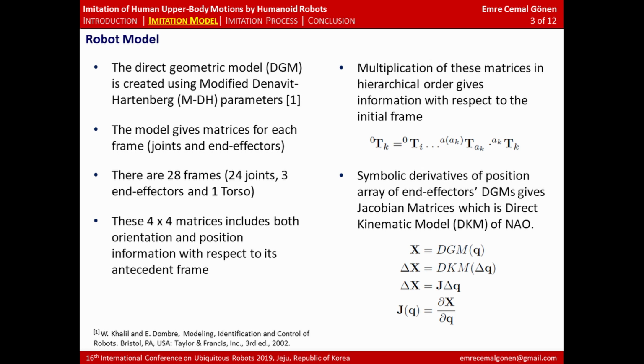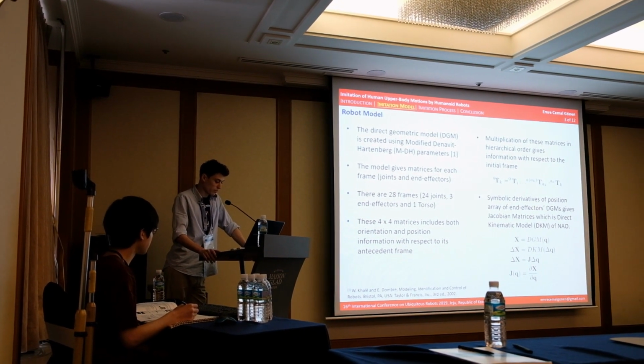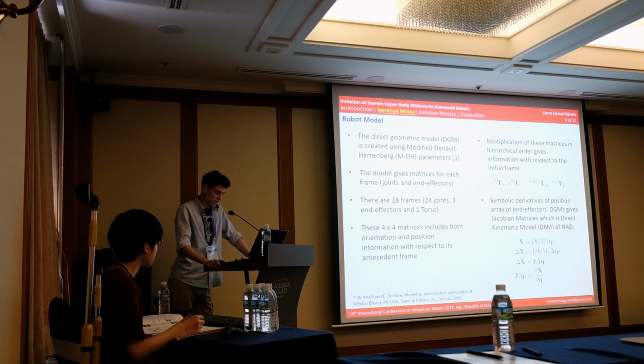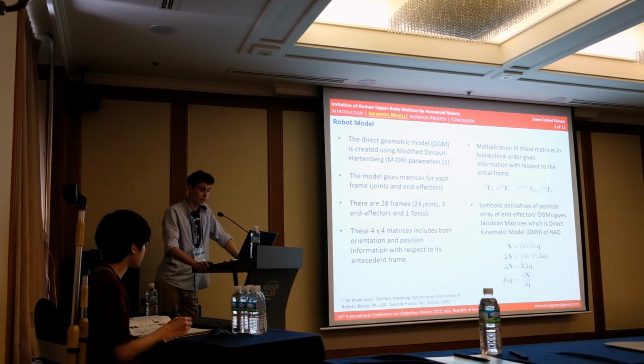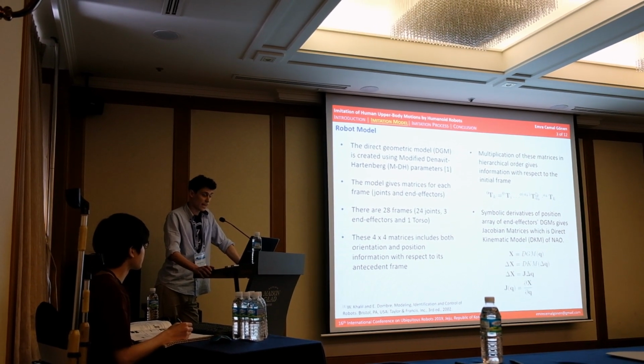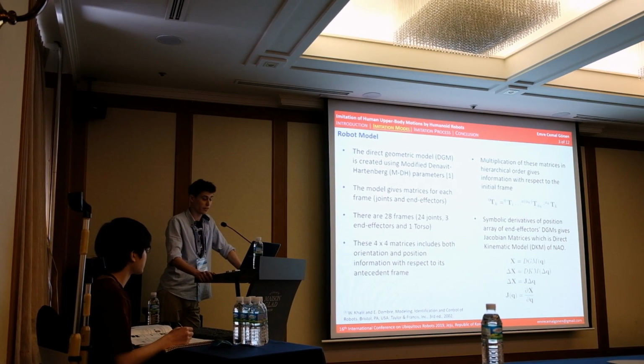There are 23 end effectors and one torso point that is the center of NAO. And they contain information with respect to their antecedents. Multiplying them in a hierarchical order creates the dynamic geometric model of an end effector, and this multiplication transforms them with respect to the initial frame.